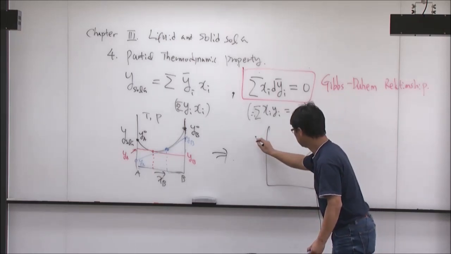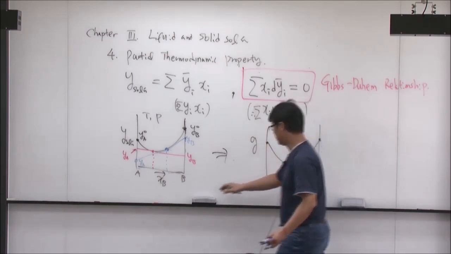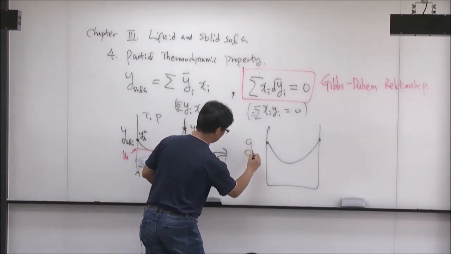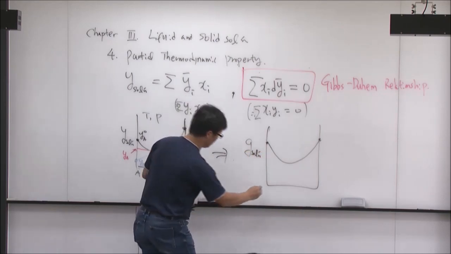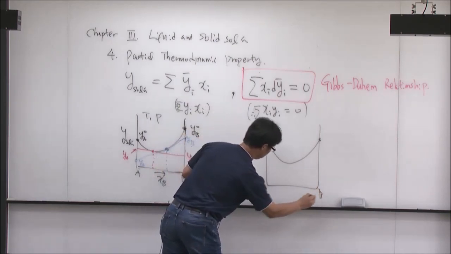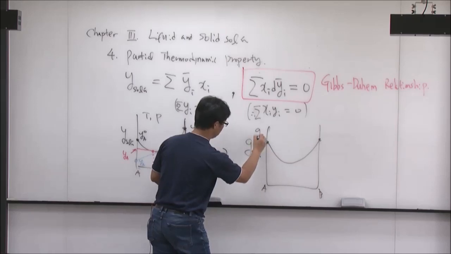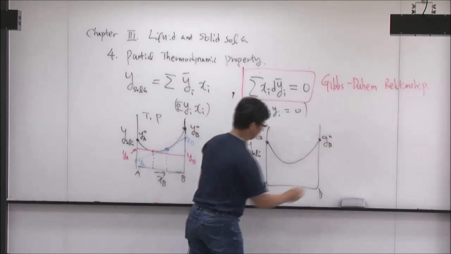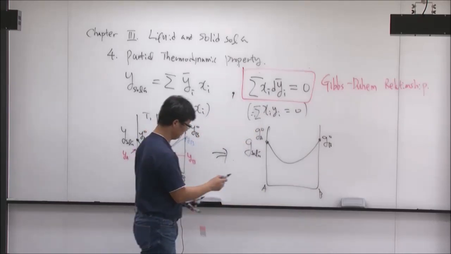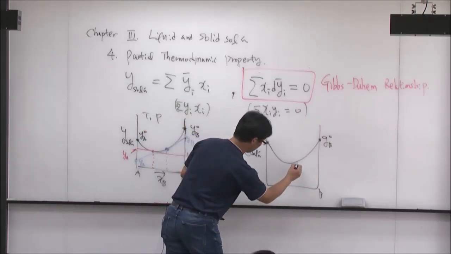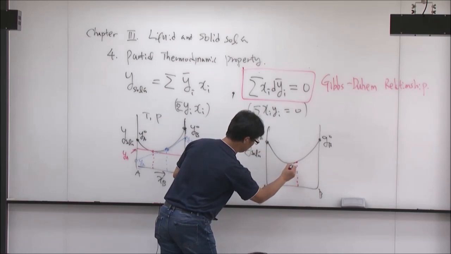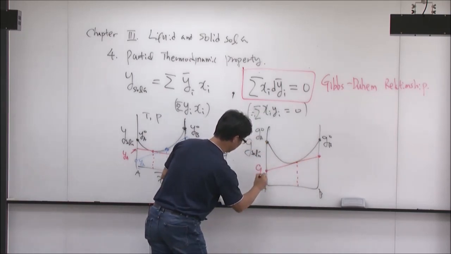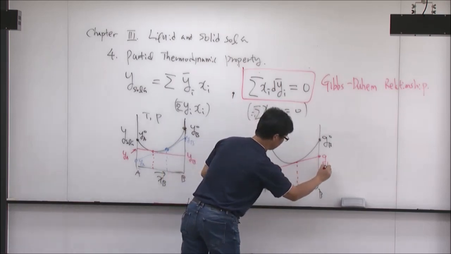Let's assume this is the Gibbs energy G of solution. This is A and B, and this is G pure A, G pure B. Then let's take any composition here and make a tangent line. So this is G_A and this is G_B.